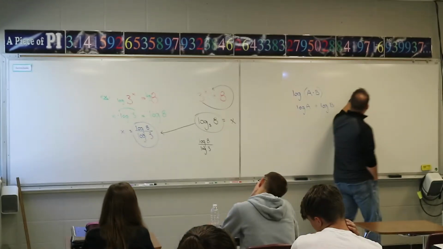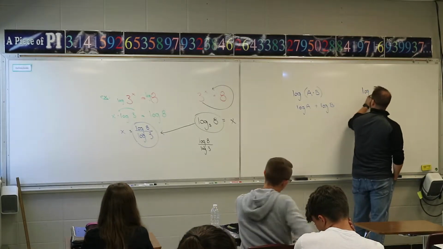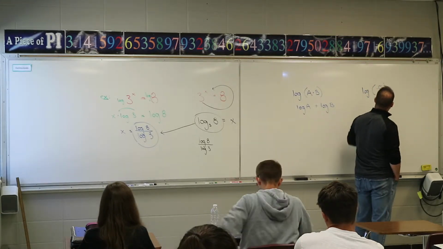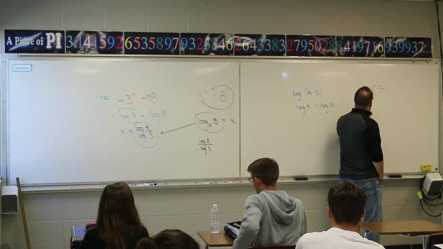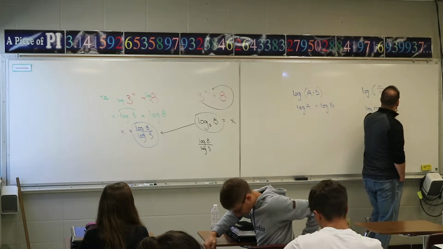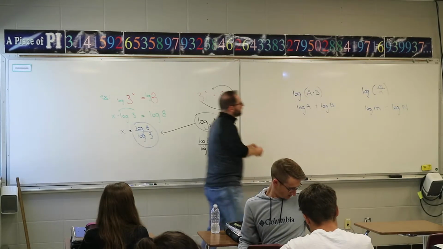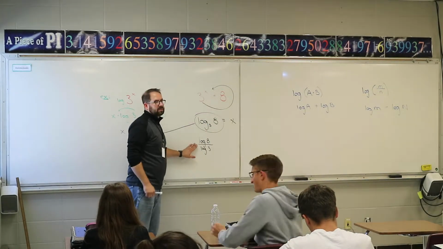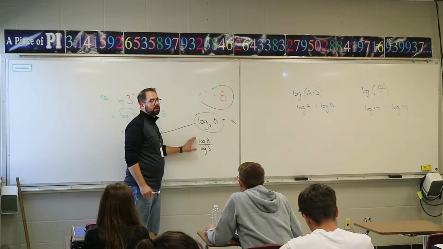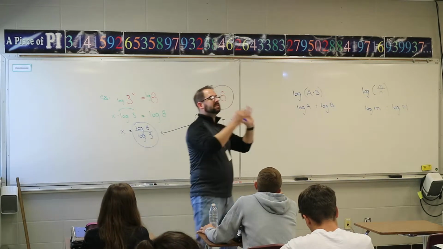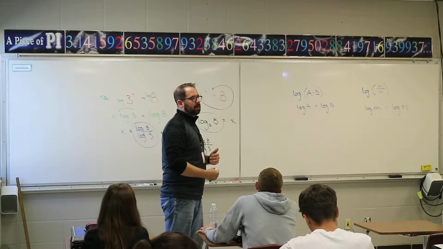Next is if they're being divided in one logarithm, m divided by n. You could write these in their own individual logarithms and subtract them. Now, here's the thing. What I have written there is very different than this, because these are 2 separate logarithms being divided. That is one logarithm where the things inside the parentheses are being divided.